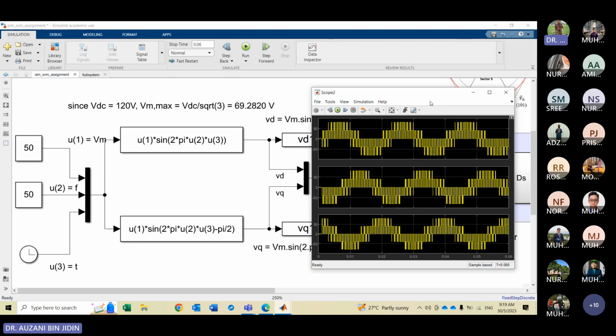Since we apply a very small sample size, if you want to make it faster, you can increase it. But the smaller it is, the more accurate the answer you get. Okay, then the scope.